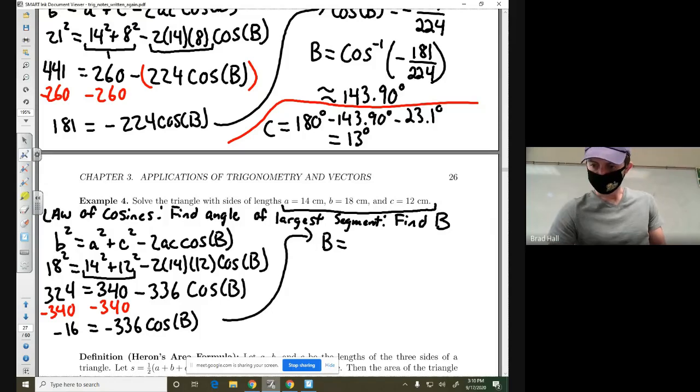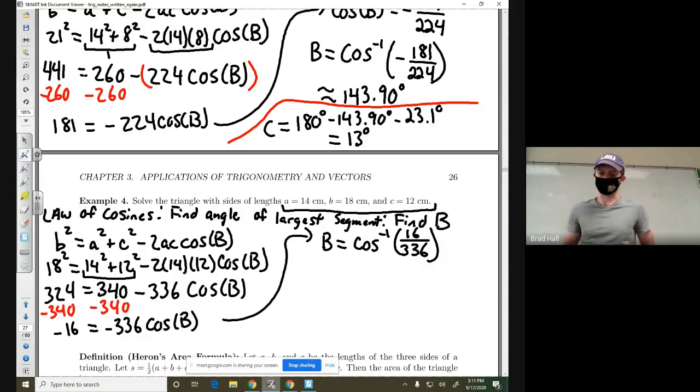And ultimately, you would get that B is the inverse cosine, really 16 divided by 336, because the negatives cancel when you divide by negative 336.